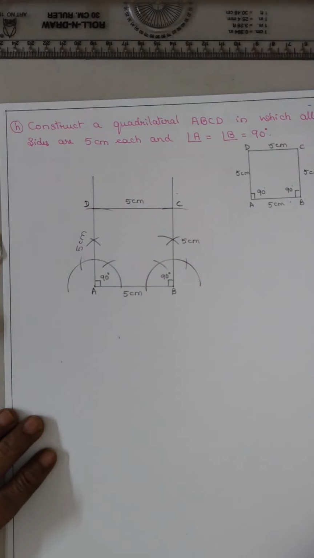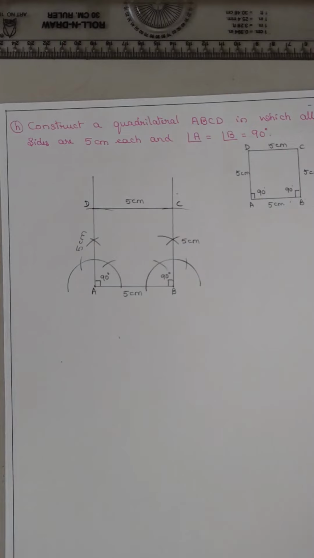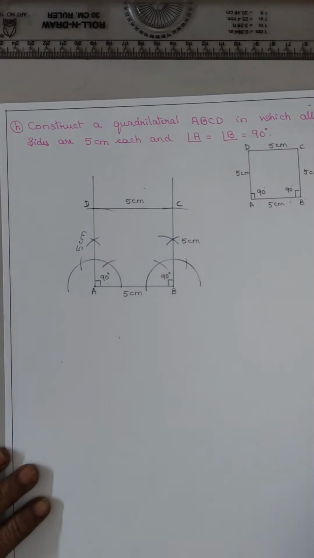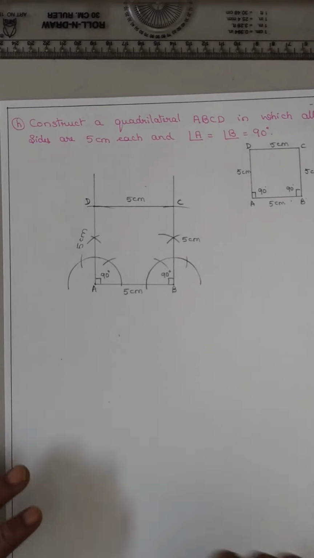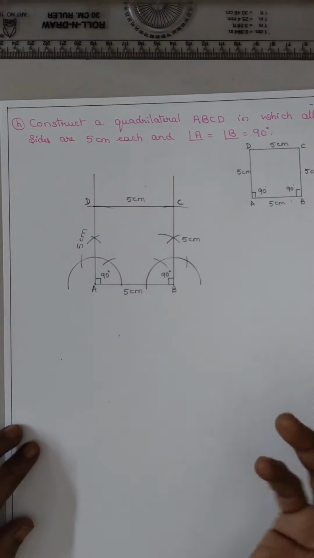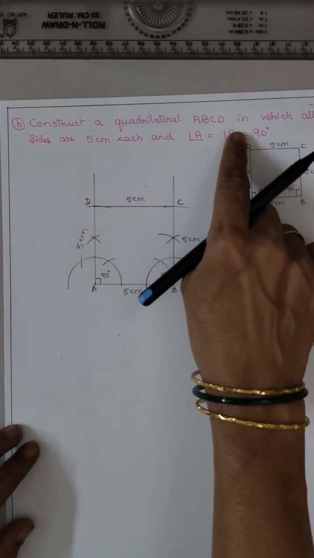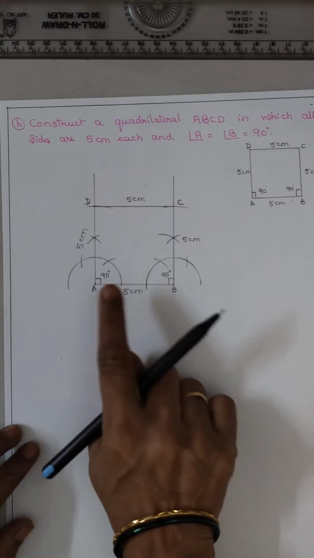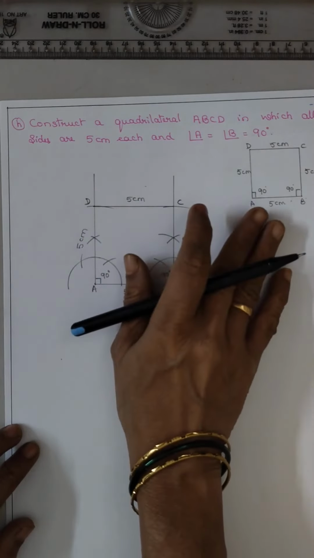Is it okay? So it is how much? All the sides are equal and the base angles, angle A and angle B are 90 degree. So which type? They have not asked. The given quadrilateral, it is ABCD with the corner angles 90 and these two angles also will be 90.